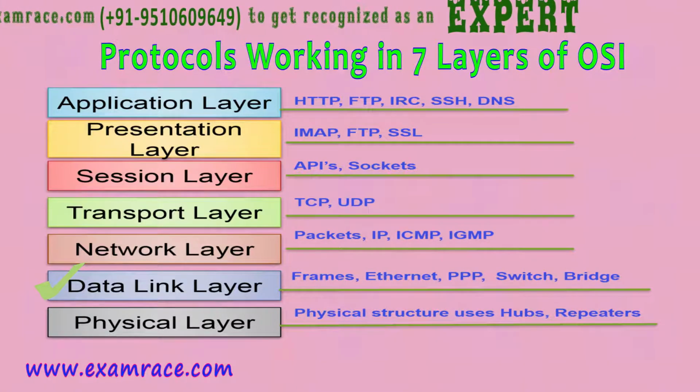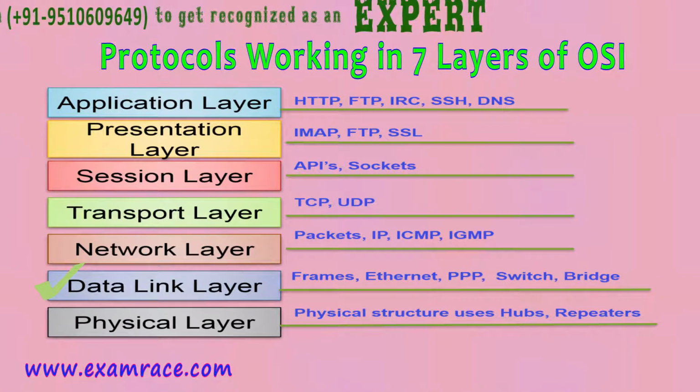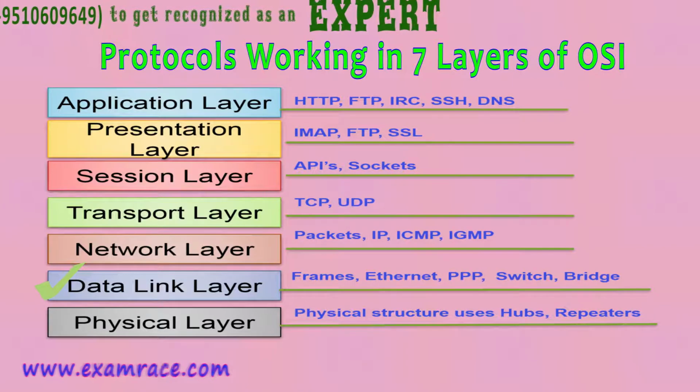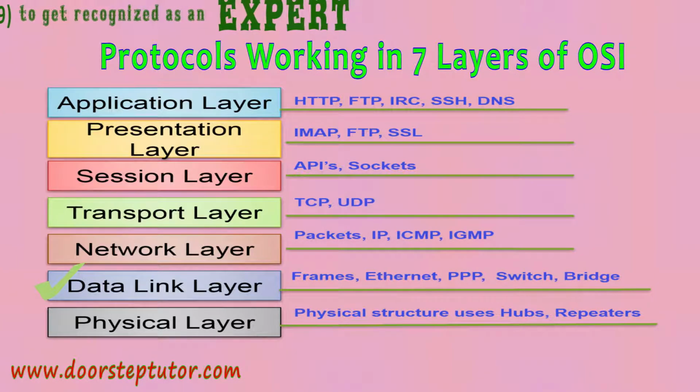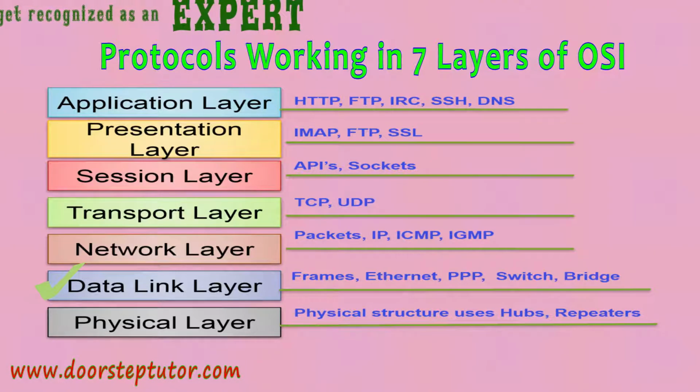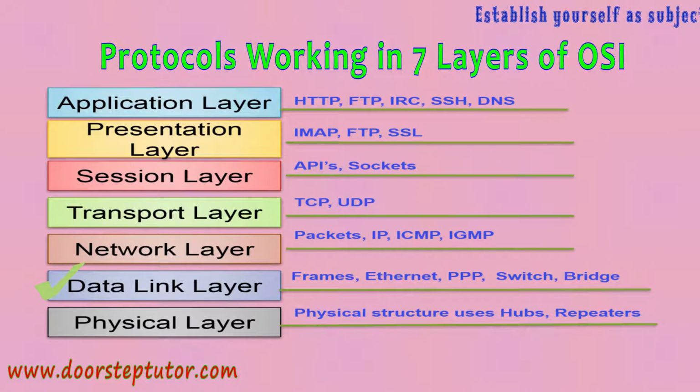Its name represents data, which means we are working on data packets or frames. The frames work in this particular layer, and other things that can be used are PPP and Ethernet. PPP represents the point-to-point network. Then we can use switches also, bridges, etc. We will discuss these switches, bridges, hubs, repeaters, routers and all in further videos.